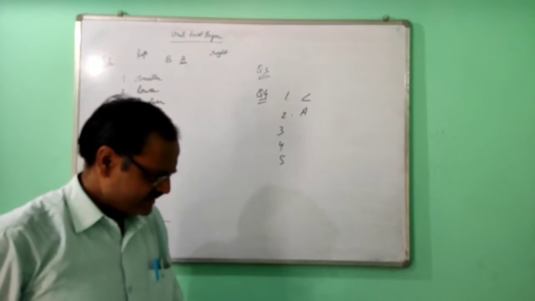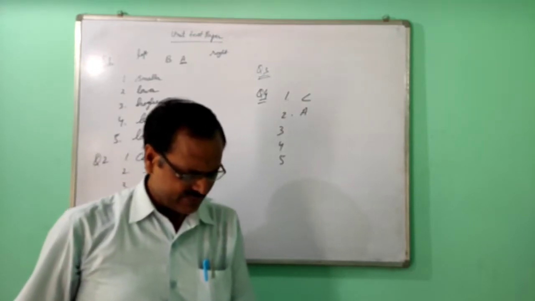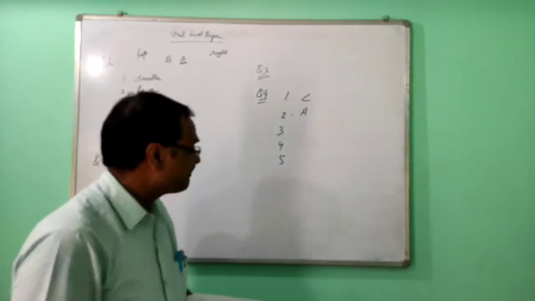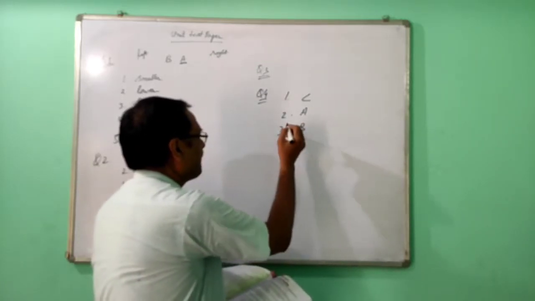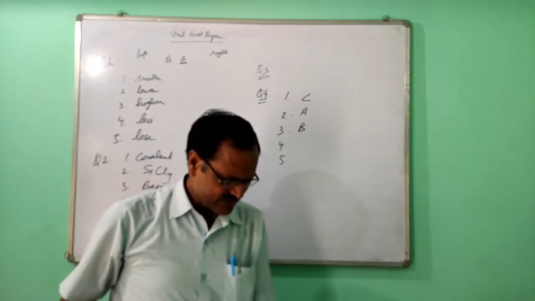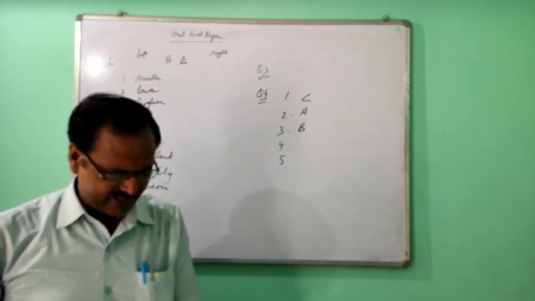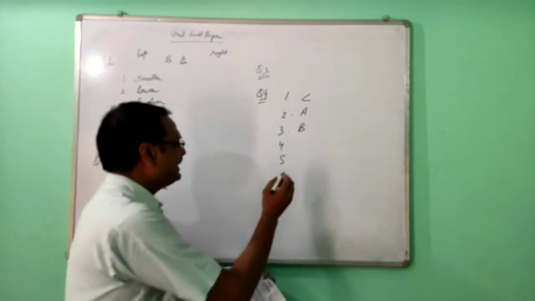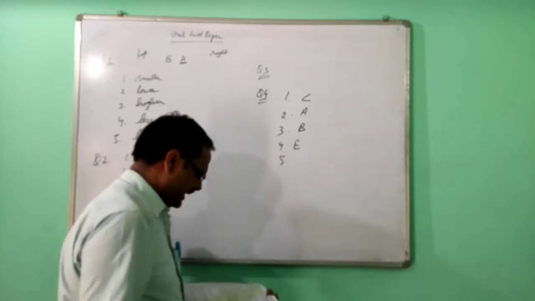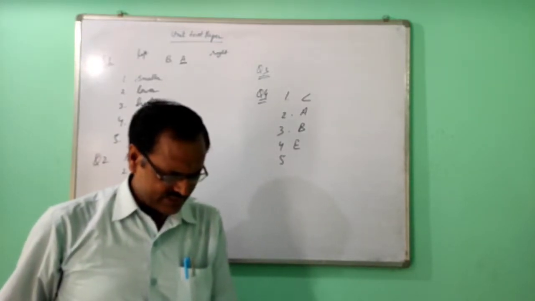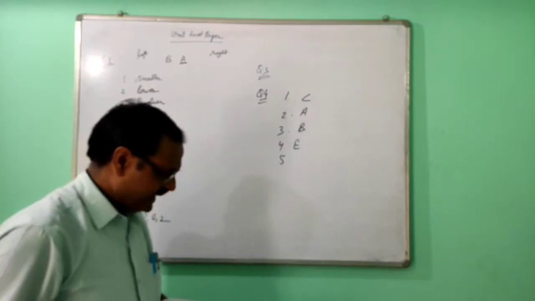The third one is an element with valency -2. -2 means group 16, so this is B. The fourth one, the element that loses 3 electrons to form the cation, that metal is group 13, E. And fifth, the element in period 3 which has the largest electron affinity, that is D.